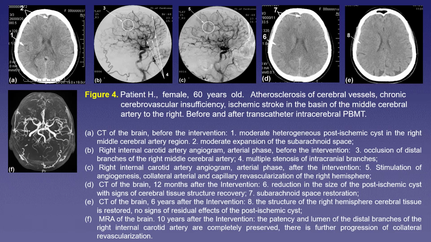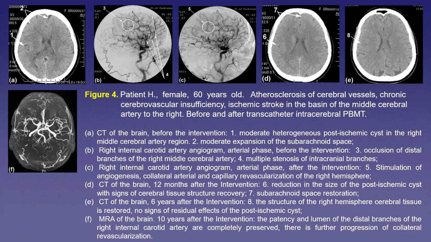In figure D, you see CT scan of the brain 12 months after the intervention, and you see reduction in the size of the post-ischemic cyst with signs of cerebral tissue structure recovery and subarachnoid space restoration.